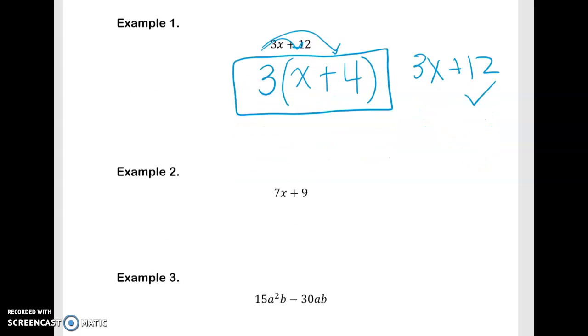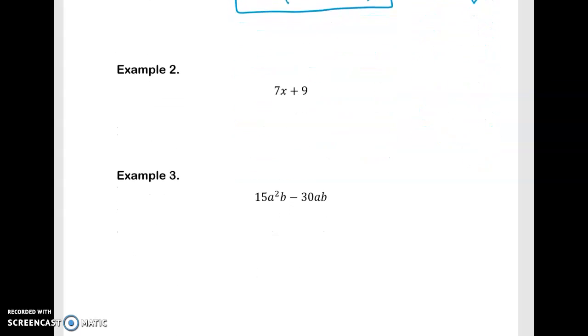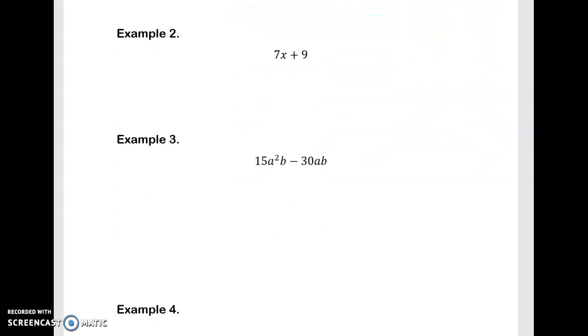Sometimes we end up with a polynomial that we can't factor any further, meaning there are no common factors for both terms. So if you look at 7x and 9, they are relatively prime, and we have nothing to pull out besides a 1, which we don't do, and I would just answer prime here.